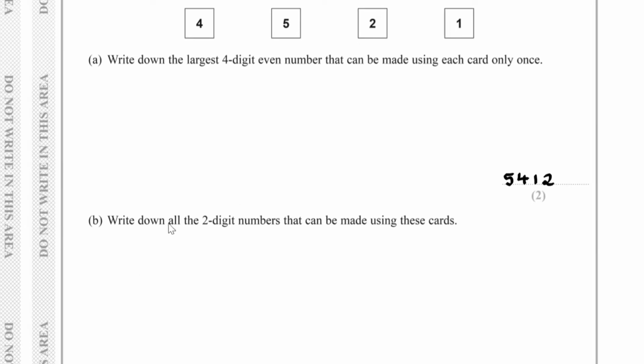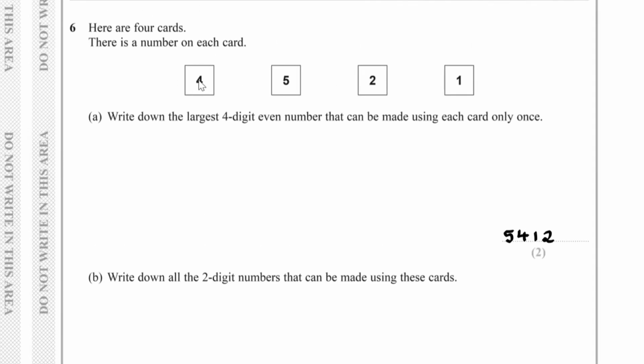For part B, we have to write down all the 2-digit numbers that can be made using these cards. Well, we could have the 4 with the 5, the 4 with the 2, or the 4 with the 1. Or we could have the 5 with the 4, the 5 with the 2, or the 5 with the 1.